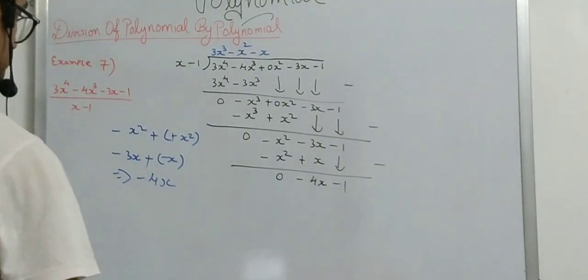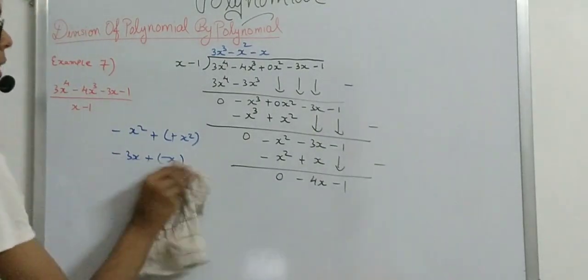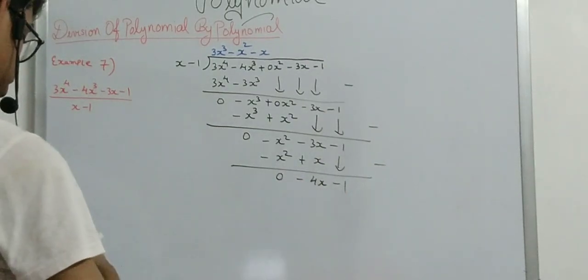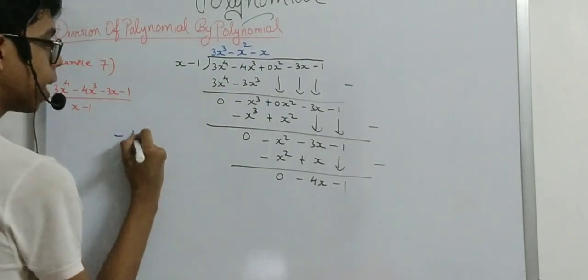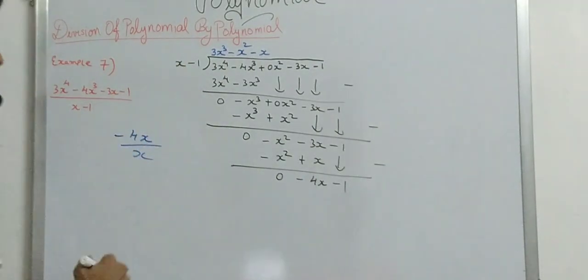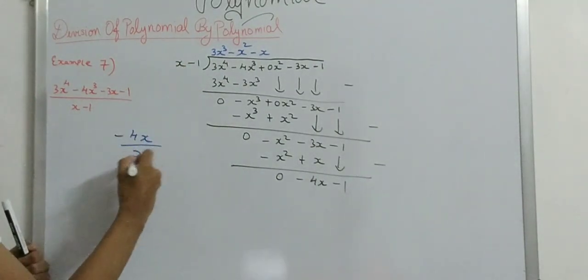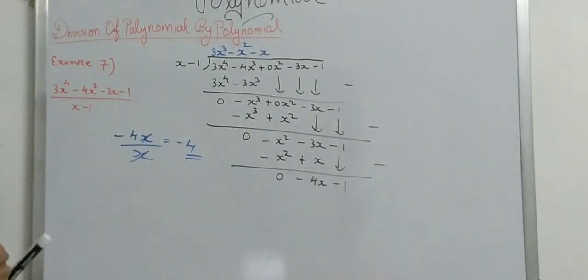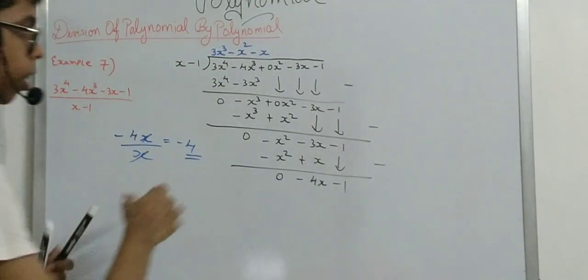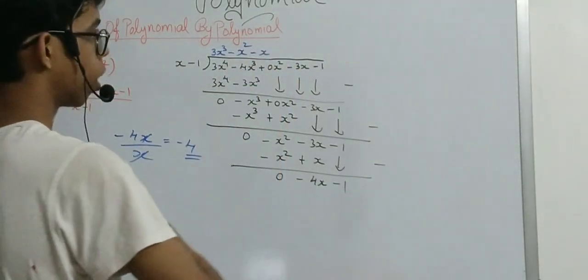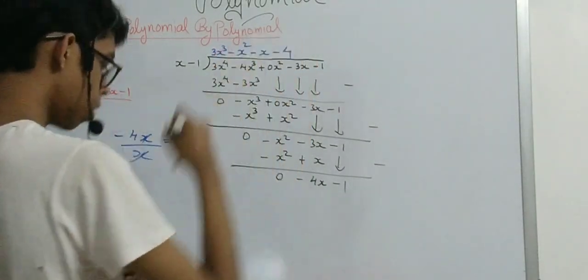Now once again you have to just do the division and see. That is, again take the first term of the dividend, that is minus 4x, divided with the first term of the divisor. So minus 4x by x, this x cancels, you will be getting what? Minus 4, isn't it? So this will be the fourth term of your quotient.